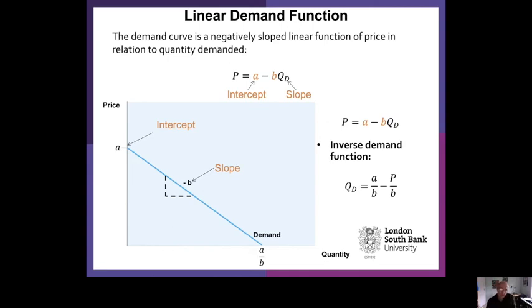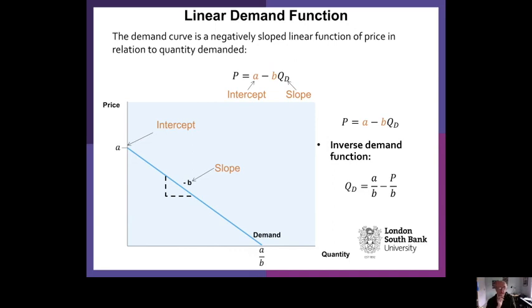I mean, it's useful. Math is useful, and I like it, but I'm aware that to some people it's like speaking a foreign language. So you can write the demand curve that way round, or if you're okay at algebraic manipulation, you can make QD, the quantity demanded, the subject of the equation, which means you can get it to the left-hand side. So I'll describe how you do that.